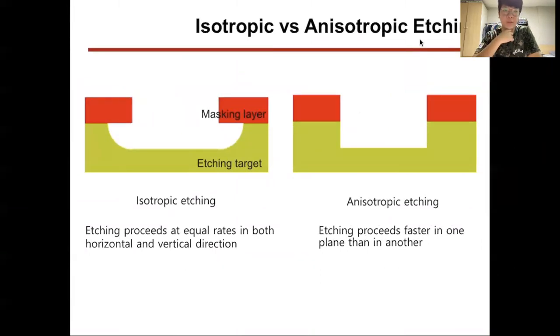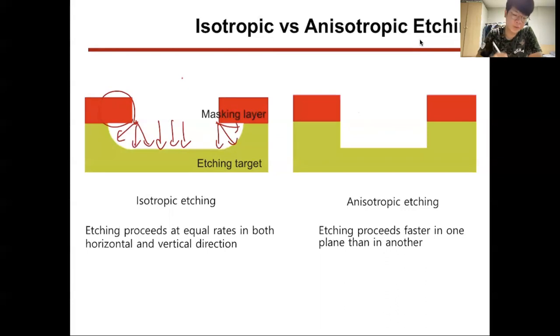And there is a difference between isotropic and anisotropic. In isotropic, as the word means, the etch can go through any other place or any other directions. So it can make a bridge here. If we want a steep edge, isotropic etching would be a bad choice.